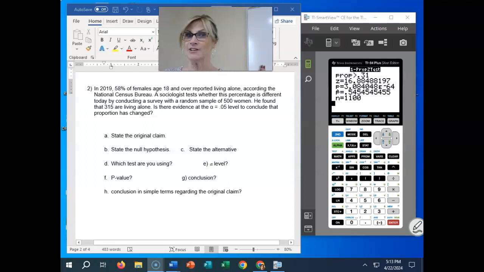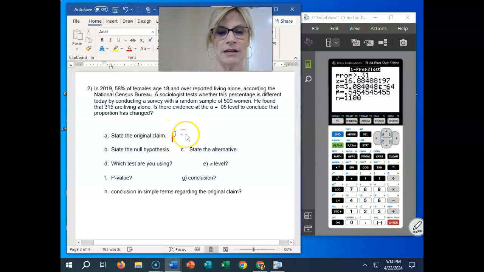Changed. What does changed mean? Changed means that it's not equal anymore. The proportion is no longer 58%.